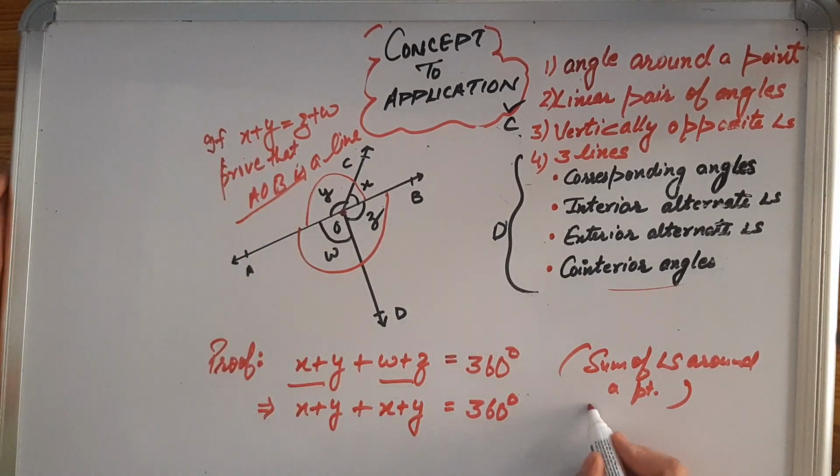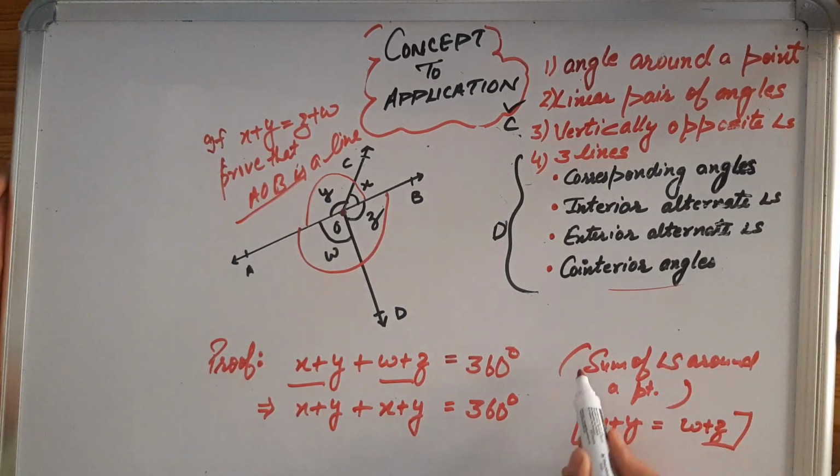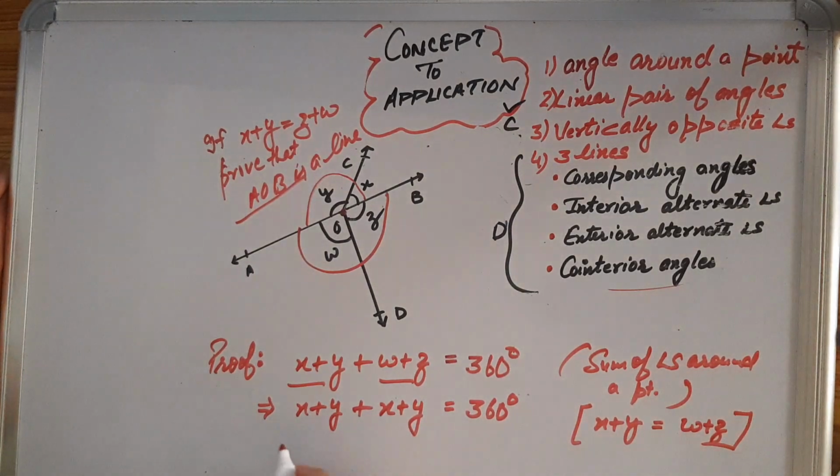Here you will write the reason for this. You said this equation is equal to this equation. Why? Because X plus Y equals W plus Z. You must list it. As this is the reason, understood, and here it is "therefore," no need to write that. Now this gives us 2X plus 2Y equals 360 degrees.